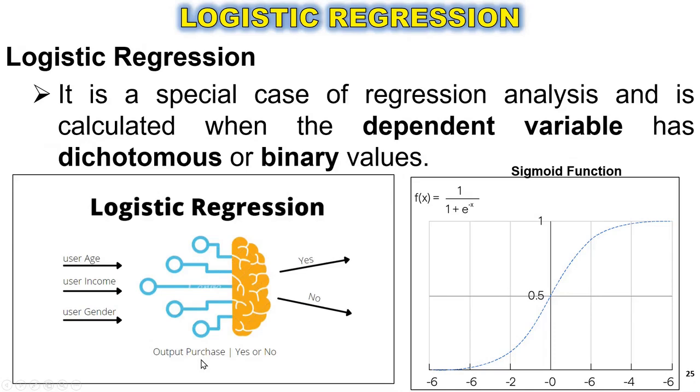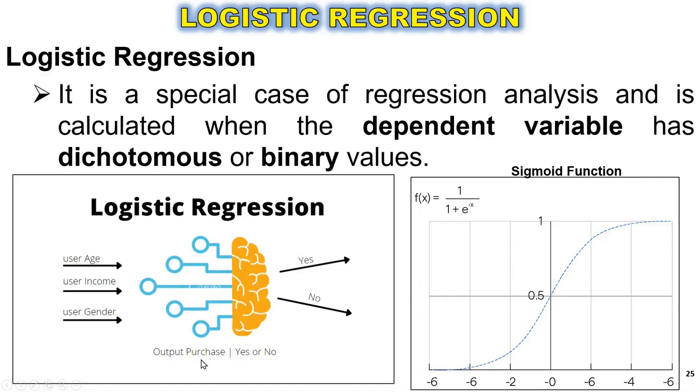There is another way to implement sentiment analysis, that is a binary classifier called logistic regression. Logistic regression is a special case of regression analysis, and it is calculated when the dependent variable has dichotomous or binary, or two, values only.